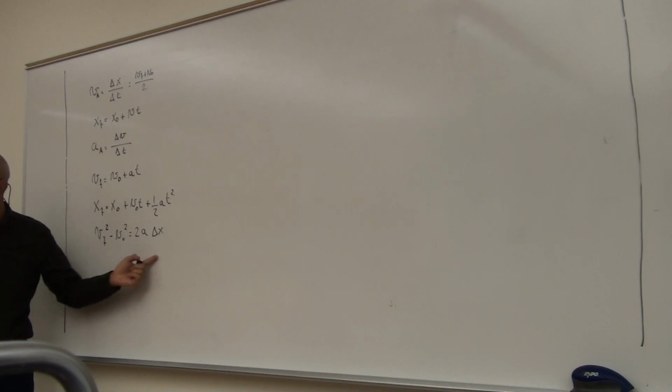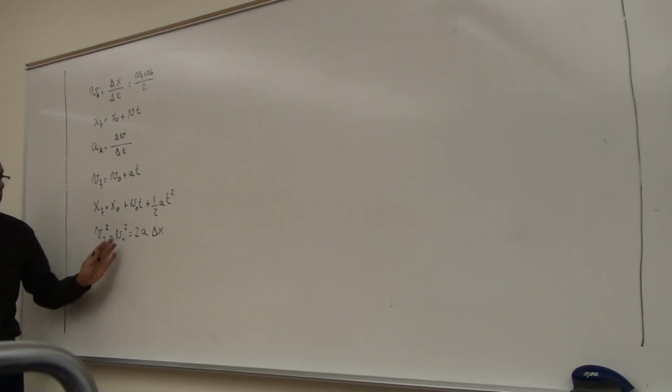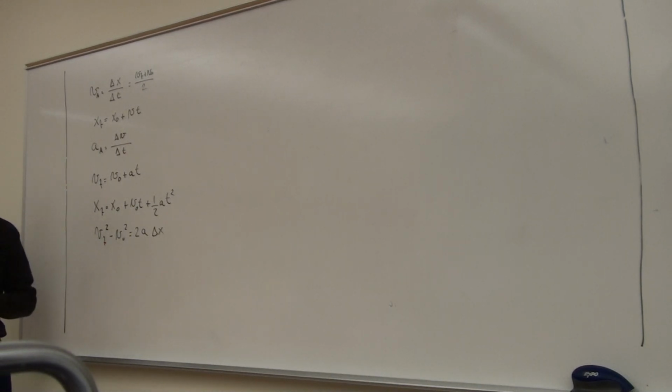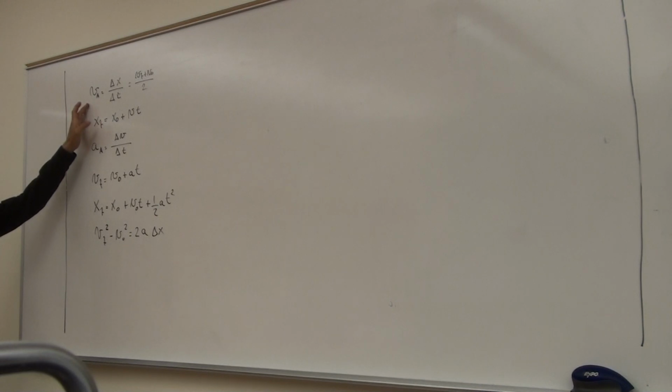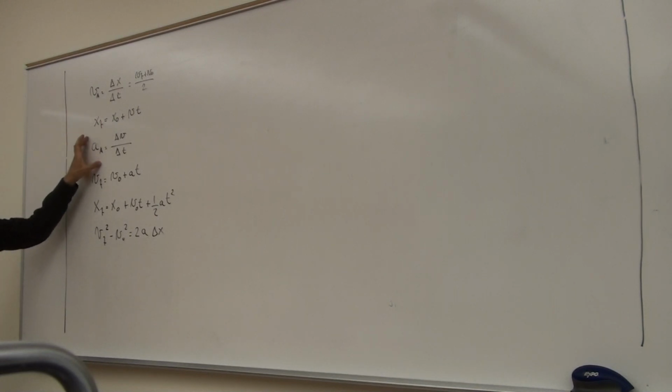Do you guys remember? We came to this formula last week, right? So I'm just putting down here the formulas for linear motion: we have constant velocity, we have velocities changing, and we have the acceleration, and then we have this formula.